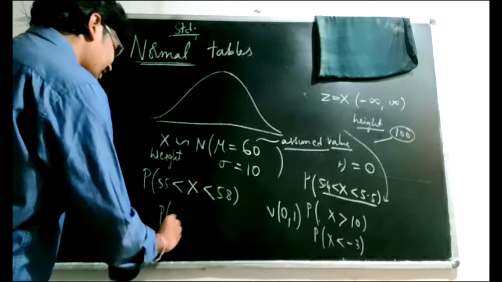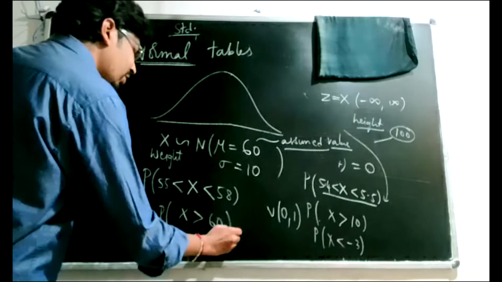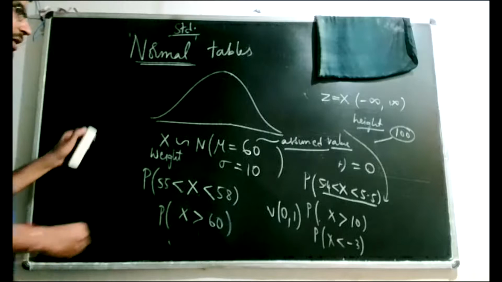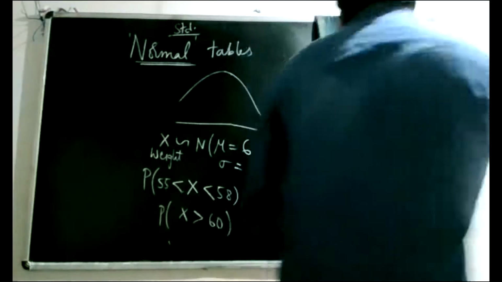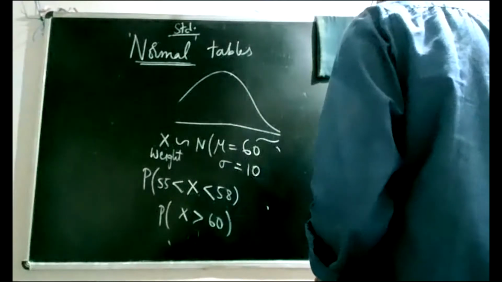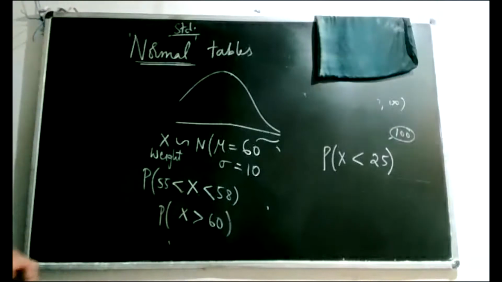Or what is the chance that I will observe a patient whose weight is more than 60? Now you have a question: can I observe a patient whose weight is really below 25? So you could have such questions, and the normal distribution gives you the answer for that case.